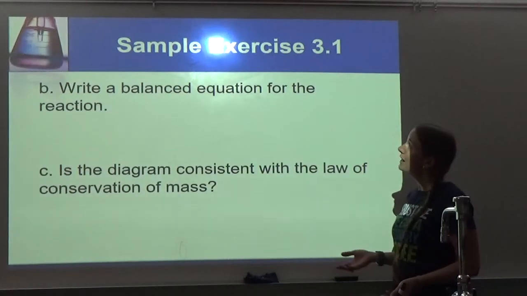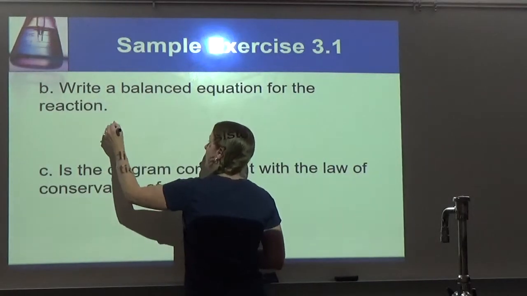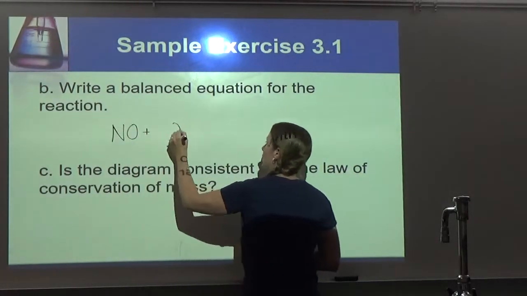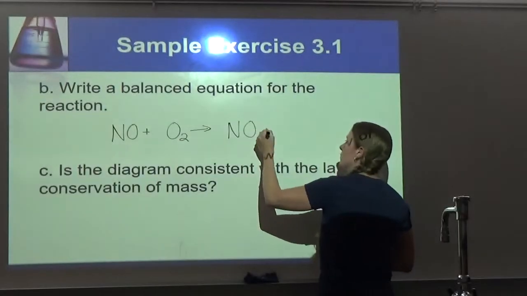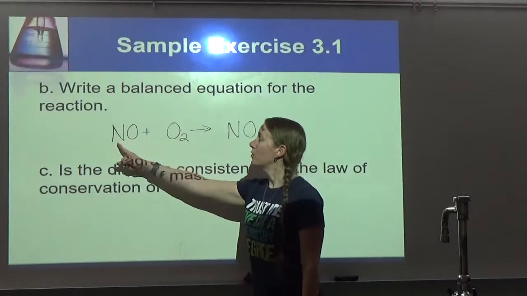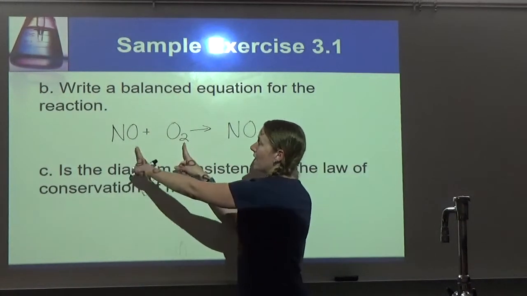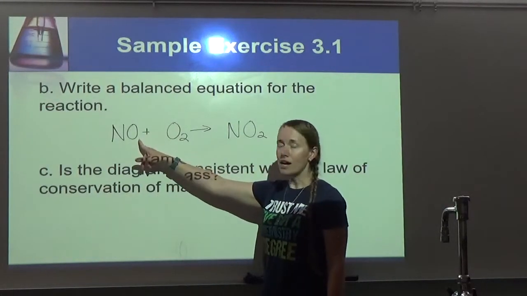So then it says, write a balanced equation for this reaction. Well, I had NO and I had O2, and I was yielding or producing NO2. Those were my reactants and products. So now I just need to balance it. So I have 1 N, 1 N, I have 3 O's and only 2 O's. So see, I have this odd number O right here.